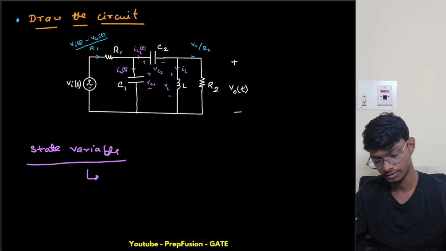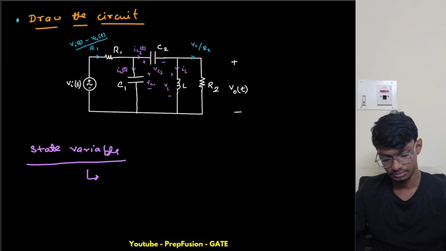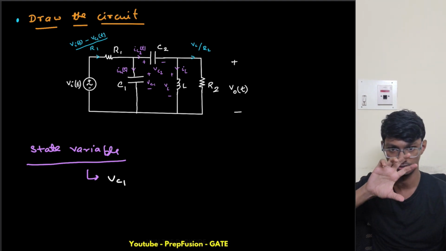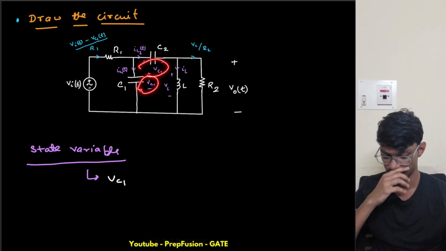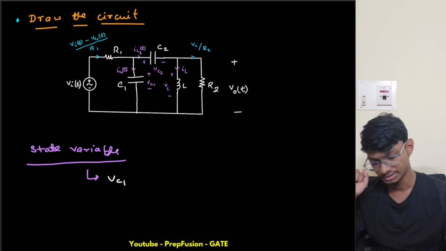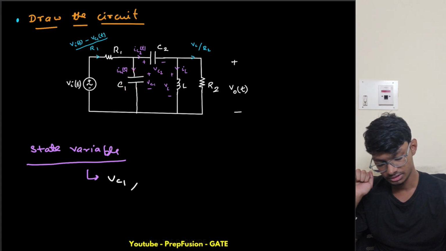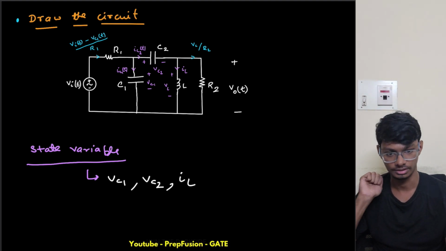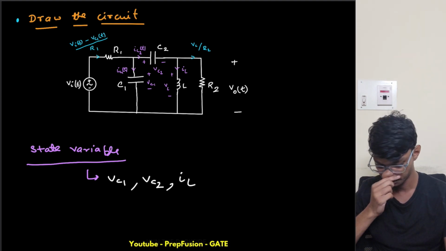Let's first name those. One will be VC1. Voltage is always a state variable for a capacitor, and they are independent. If you want to take the minimal set, capacitor voltages are independent. That Himanshu has already taught you, right? So VC1 is independent, VC2 is also independent, and I have IL also, the inductor current. So these will be my state variables.